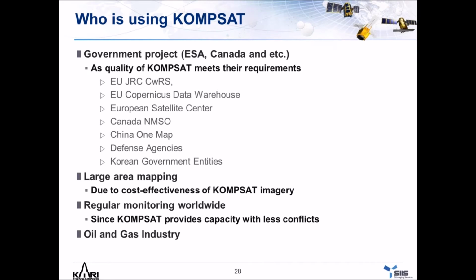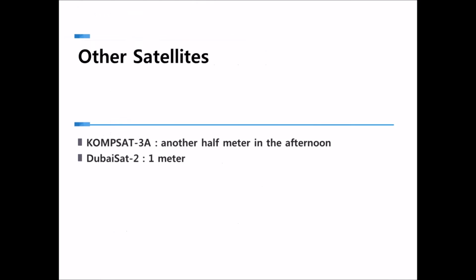So now Kompsat is used by several government agencies such as in Europe, Canada and China, and it is also used for large area mapping in India and China. And Kompsat is also used for regular monitoring of construction sites or airports, and also in the oil and gas industries.